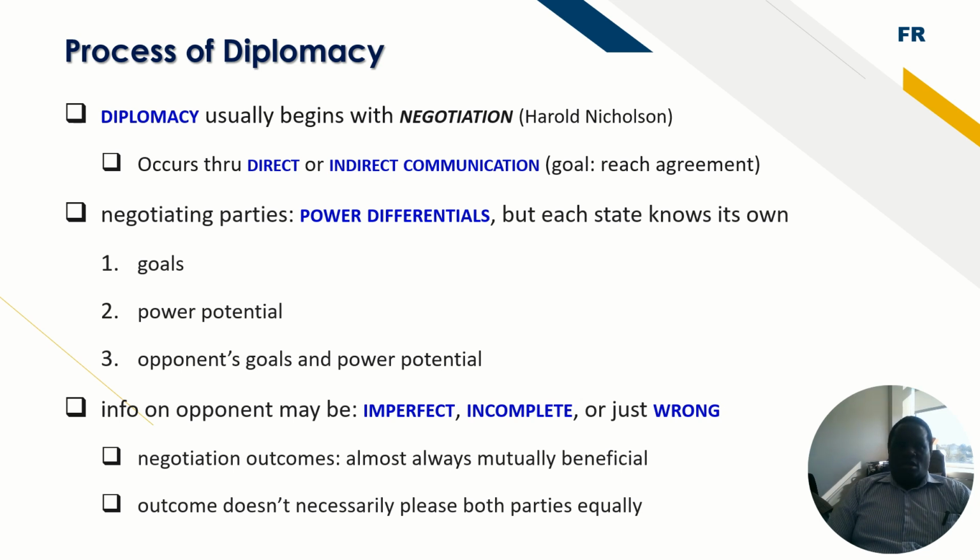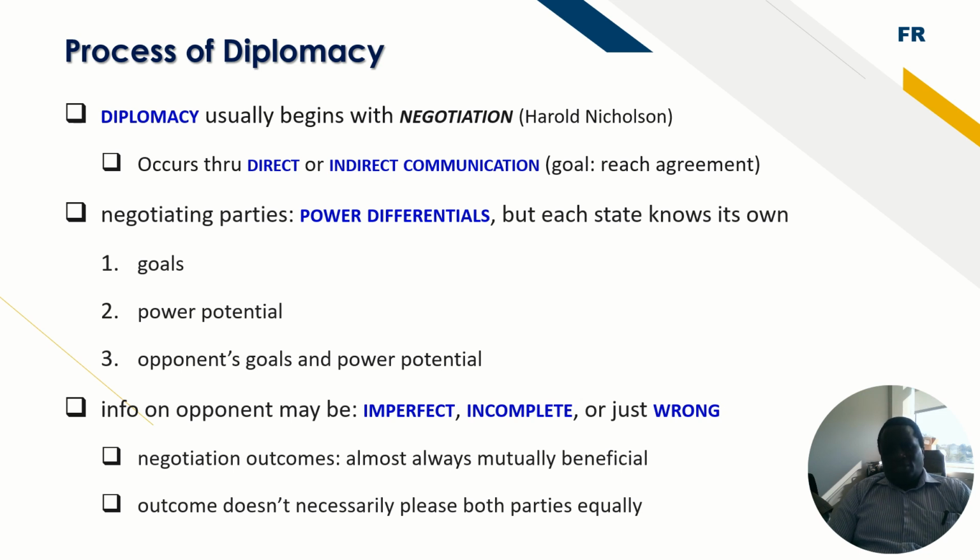But so think about the two or more parties that are negotiating, and each knows its power, its potential, its goals, and sometimes has an idea of the opponent's goals and power potential. This is especially seen, for example, during the 1923 Washington Treaty, I believe, where the US was actually reading Japanese codes and kind of knew what their position was and what they would agree to, but this is not always the case.